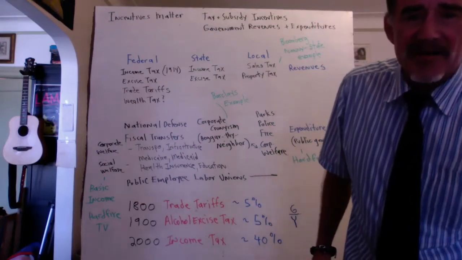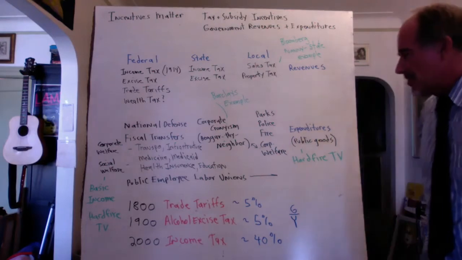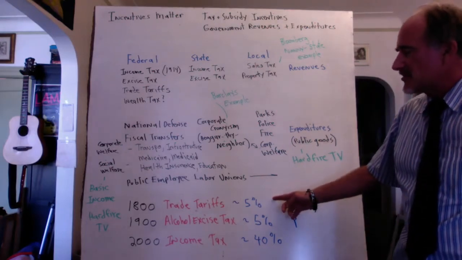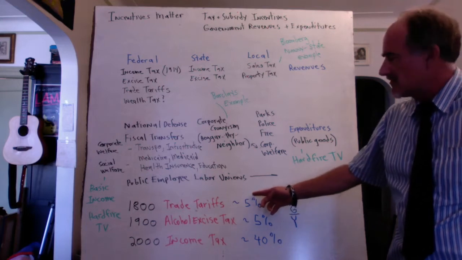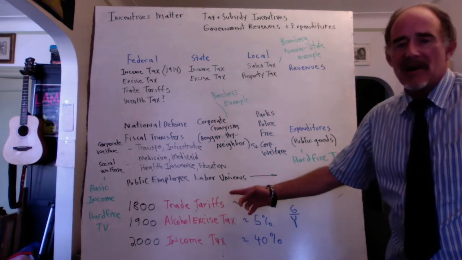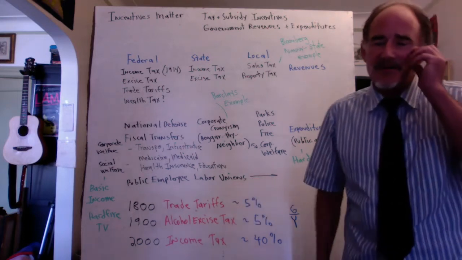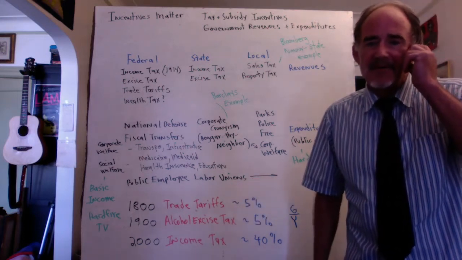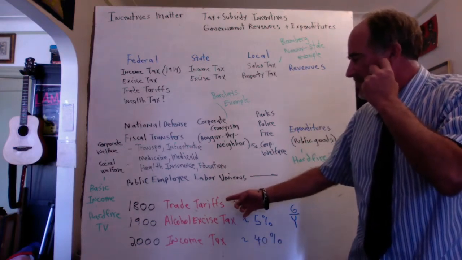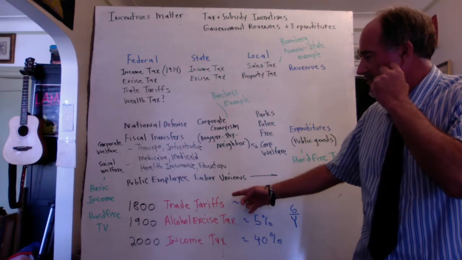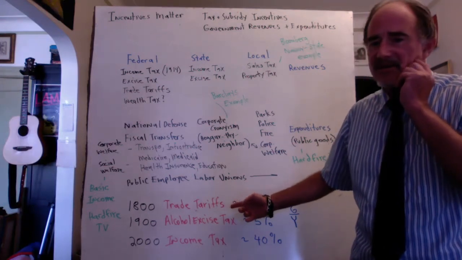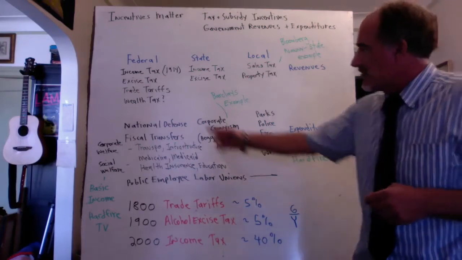And we should note, in 1800, the largest source of revenues for the US government was trade tariffs. Then you had the classical liberal period of history and free trade, and trade tariffs went down as a percentage of federal income until the 1930s, and then more recently.